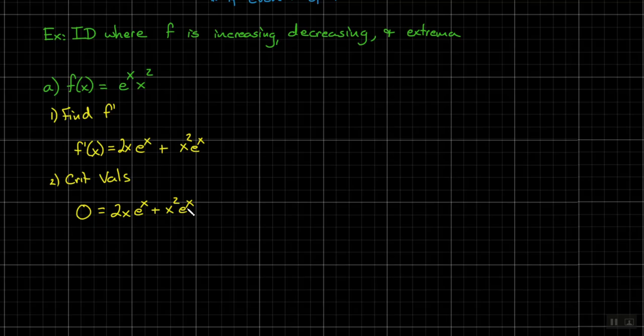So x and an e to the x. Are we cool if we take out both of them? Okay, so this is x, e to the x, because they both have it. And what's it leave behind? 2. And Sean, do you agree with 2 plus x?